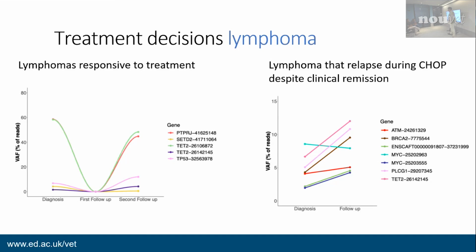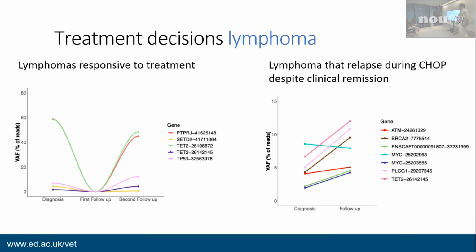And then over time, or in this case actually at the relapse, the second follow-up was relapse, you can clearly see that all of the mutations came back. But some of them follow this way. At the time of diagnosis, we have some mutations that are relatively low level for the advancement of the disease.